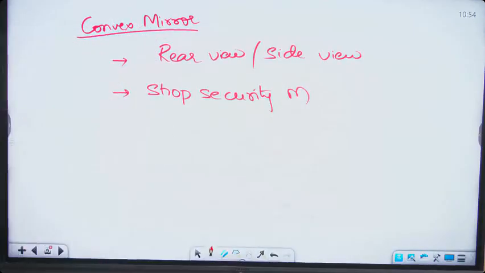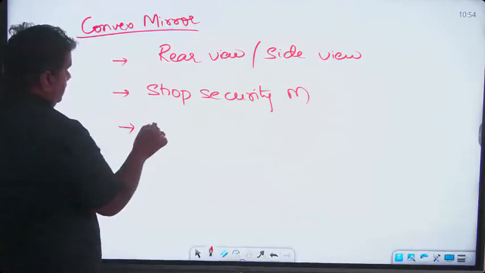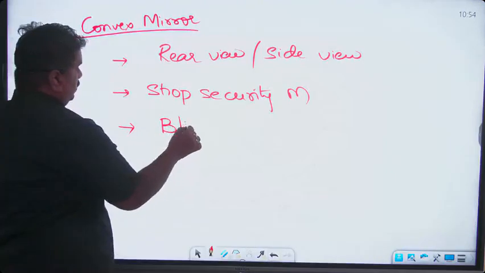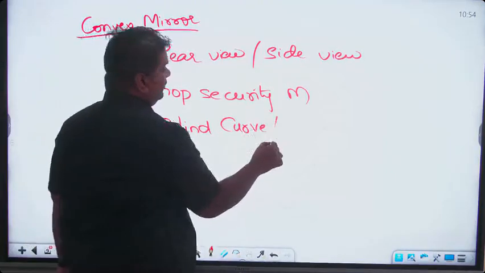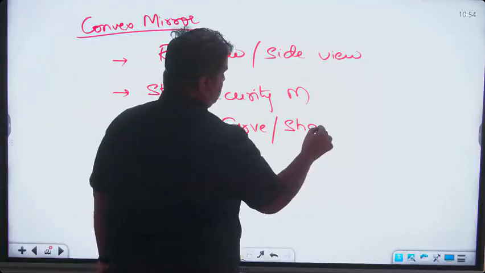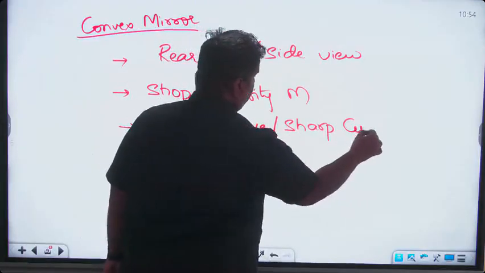It is used as shop security mirrors. It is also used near the blind curve or sharp curve of the road.